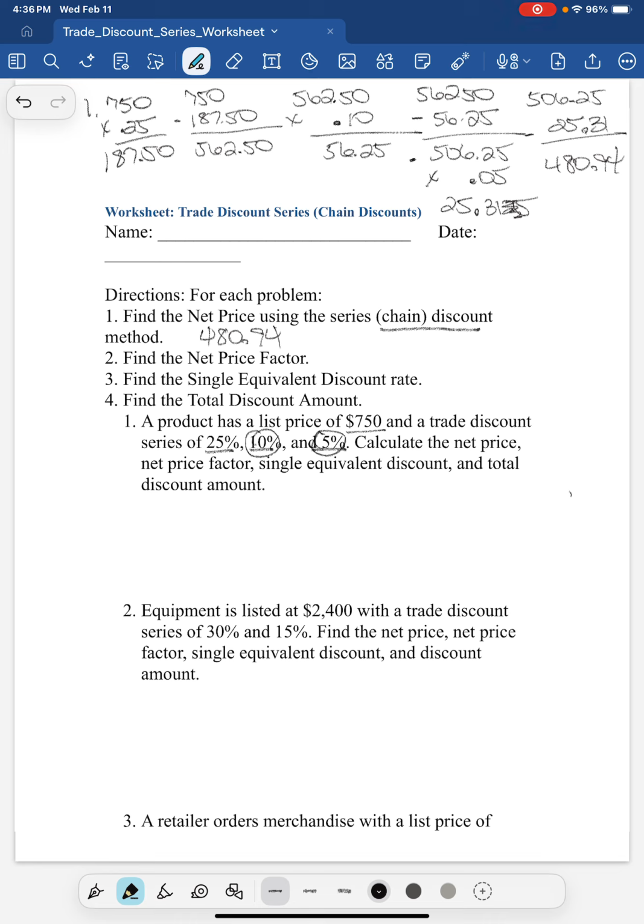If that's the simplest way to do it for you, that is fine, as long as the problem doesn't ask you for the net price factor, because that's the next thing we're going to learn: how to find the net price factor.